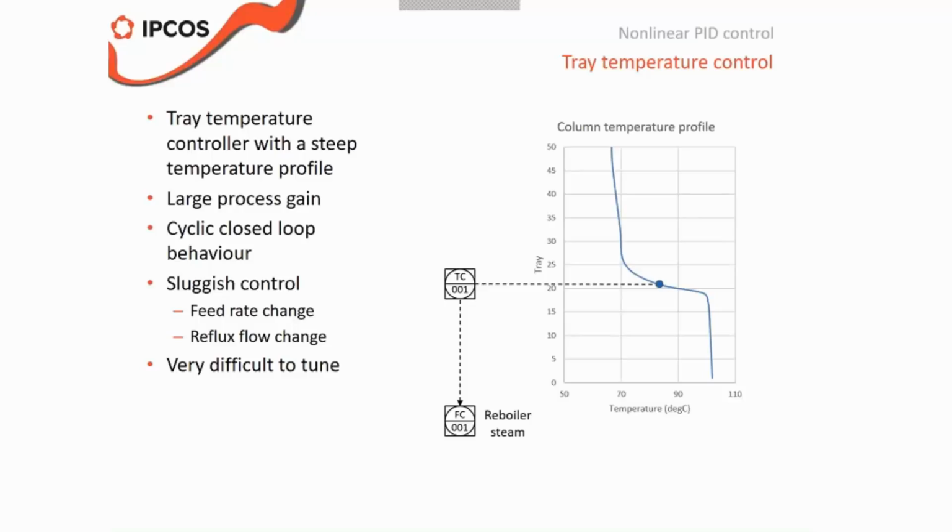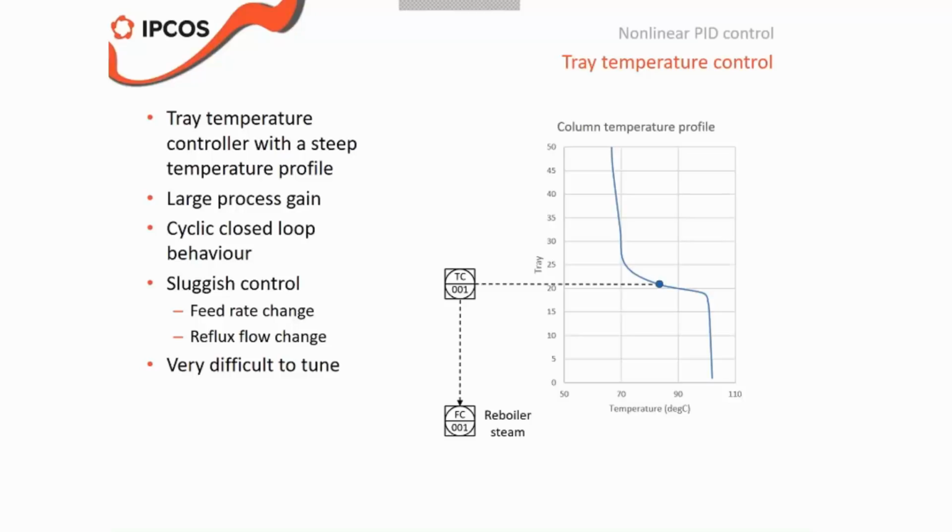You would like to have a temperature controller on these columns because controlling the heat balance of these towers is very important. So you really need a temperature controller to stabilize column operation. The problem is the thermocouple should be located at the tray where the temperature gradient is the largest, because that's the most sensitive tray of the column.